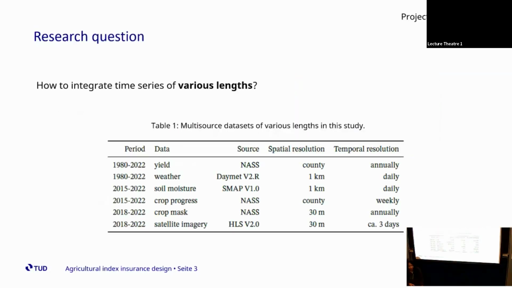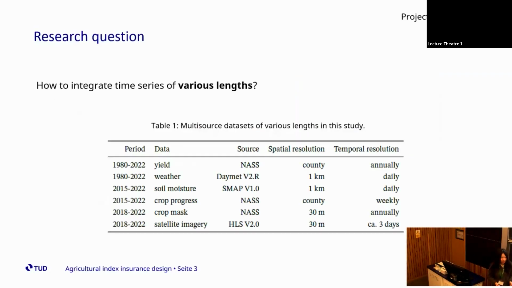Actually nowadays in index insurance, we have multi-source data, not only the weather data, right? In table 1, we have 3 groups of data, defined by the length of time series. The first group of data has 43 years: the yield data Y, the response variable, and the weather data, the traditional indices, also 43 years, and this data is from USA.